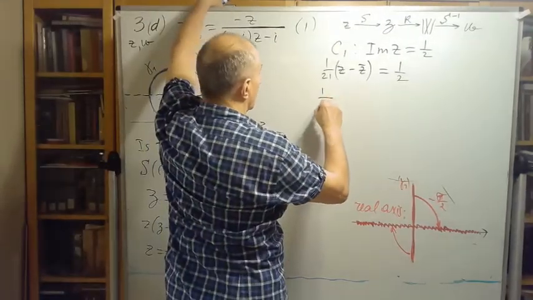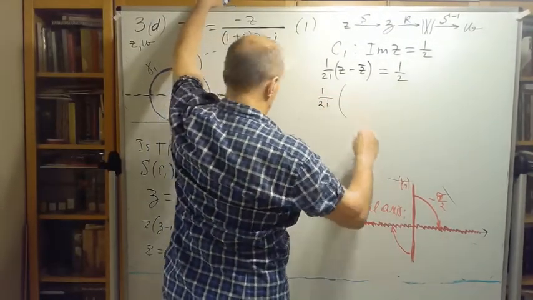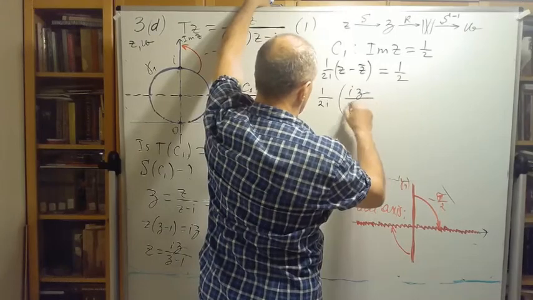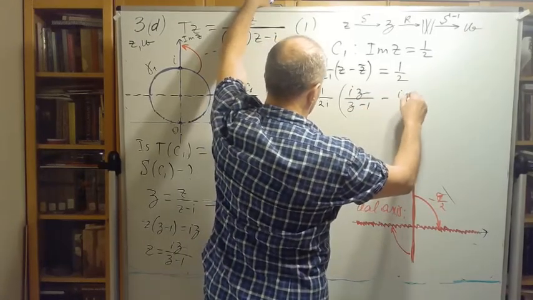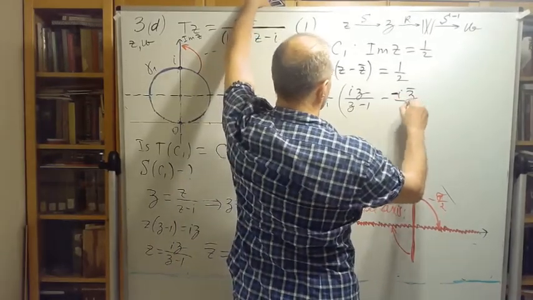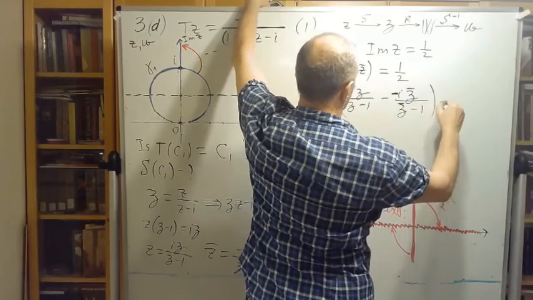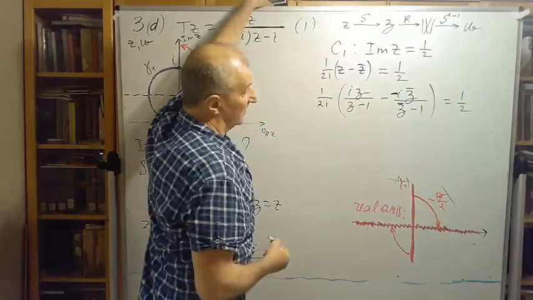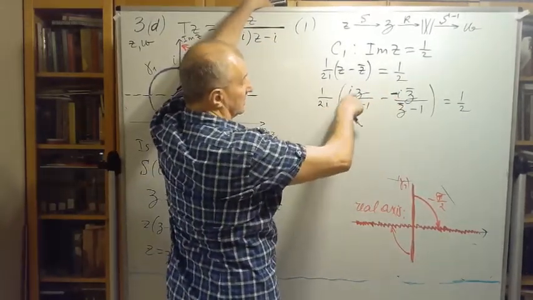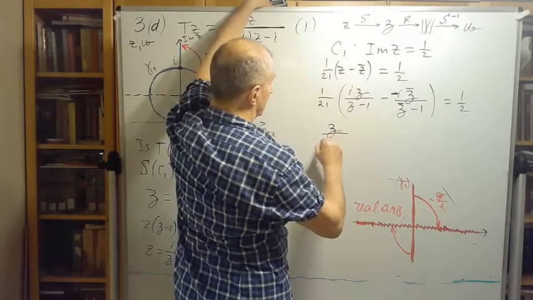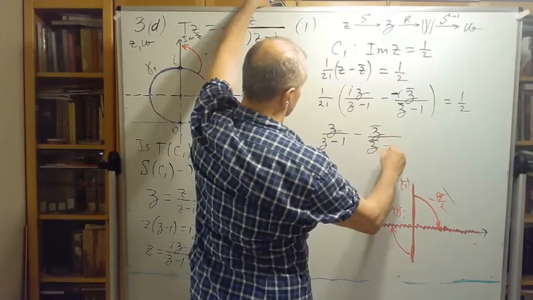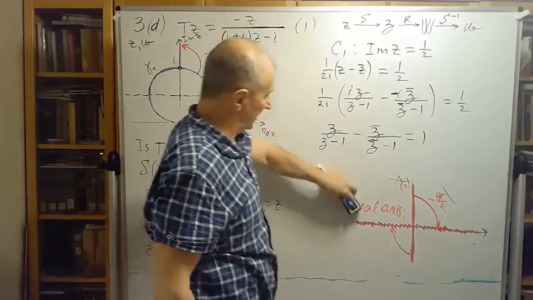So 1 over 2i, and here we will write this expression iw over w minus 1 minus negative i w conjugate divided by w conjugate minus 1 equals 1/2. Let's multiply by 2. Let's reduce by i. You can bring in i inside the brackets and cancel this i. So it will be w over w minus 1 minus w conjugate over w conjugate minus 1 equals 1.